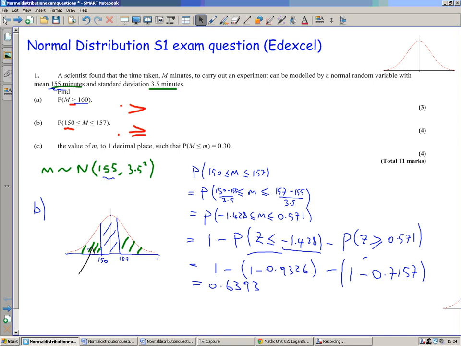Okay, and question C, this is going to be one of these backward questions which are more confusing, because here we're looking for a value and we're given a probability, 0.3.